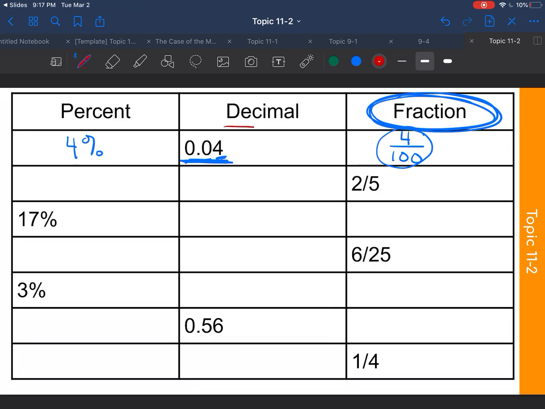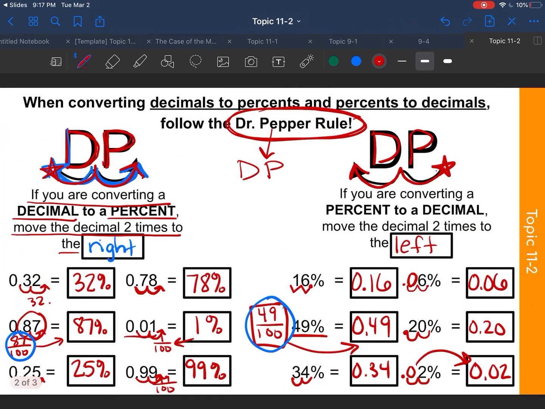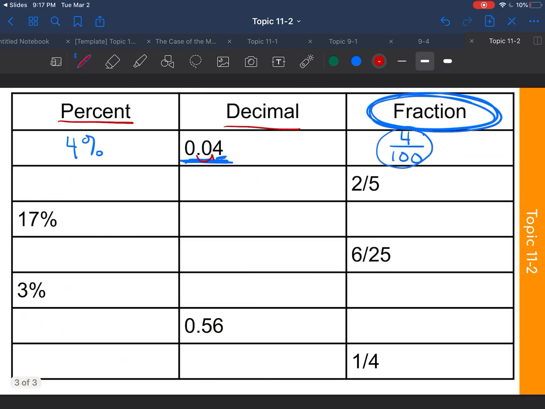You could have said, I'm going from a decimal to a percent, so I shift it twice to the right. And then from your percent, you could have gotten 4 over 100. So you could have done this 2 ways. Both of them would have been correct.